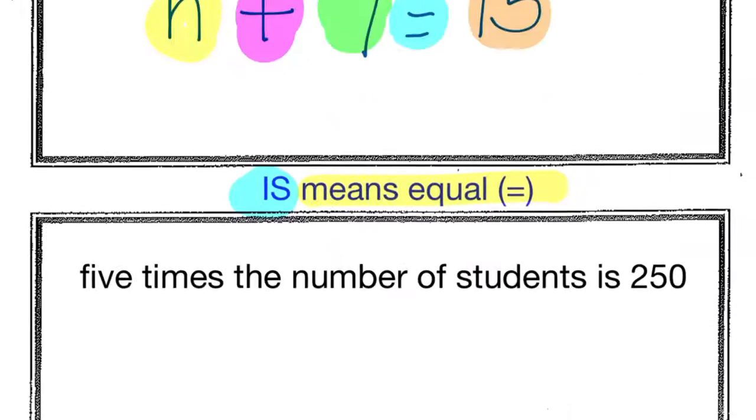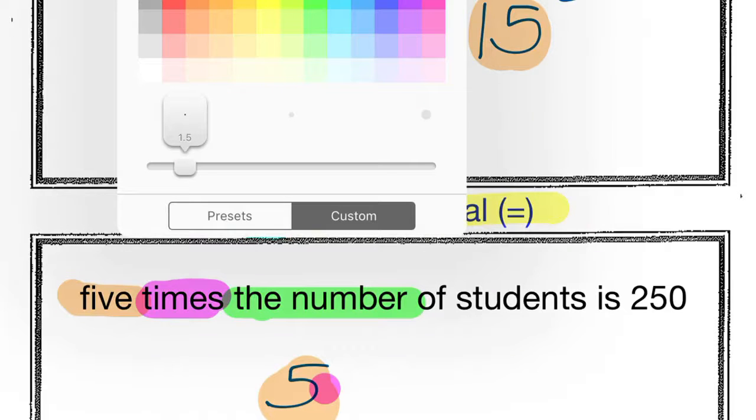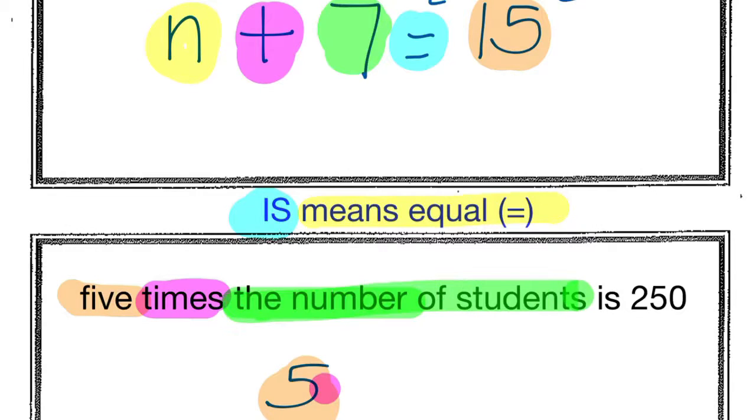The next one says 5 times, so that's nice and easy, right? I'm going to put that little pink thing in there because we talked about just having the variable next to it. The number, so we don't know what the number is again. Actually, take that back. The number of students, and I'm going to use that letter S because we don't know how many students.